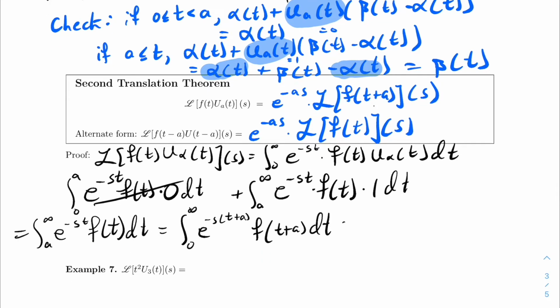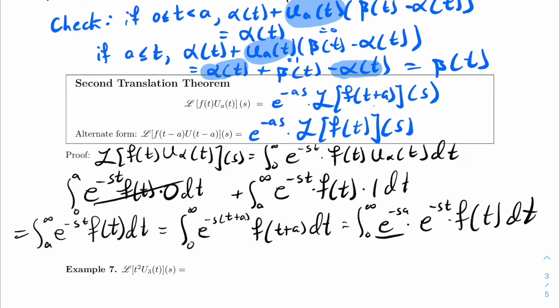All right. Anyway, now this e to the negative s times t plus a, I can rewrite as e to the negative sa times e to the negative st times f of t dt. And this e to the negative sa, I could just pull out of the integral, and I'm left with e to the negative sa times this whole integral.